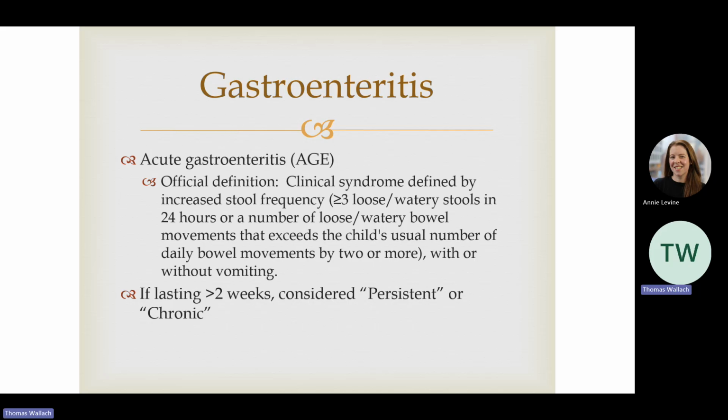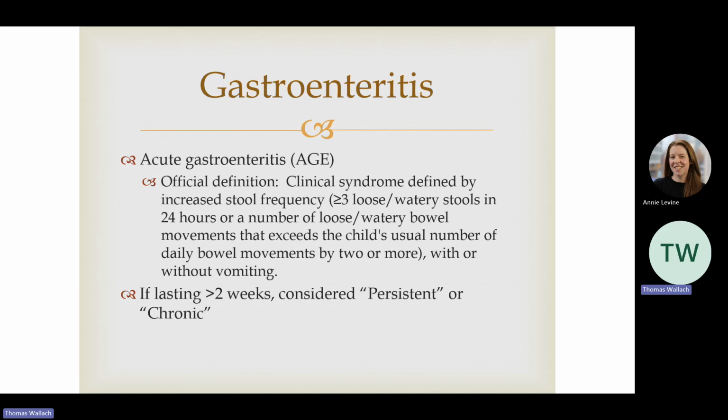You can have ongoing issues and just have loose poop, but it doesn't really count if it's not more than 2 more than your regular a day. And what's handy is this also accounts for the fact that babies have very irregular pooping habits. And it's hard to say, oh, you pooped 8 times today. And it's like, well, that's normal. So you have to know what the baseline standard is.